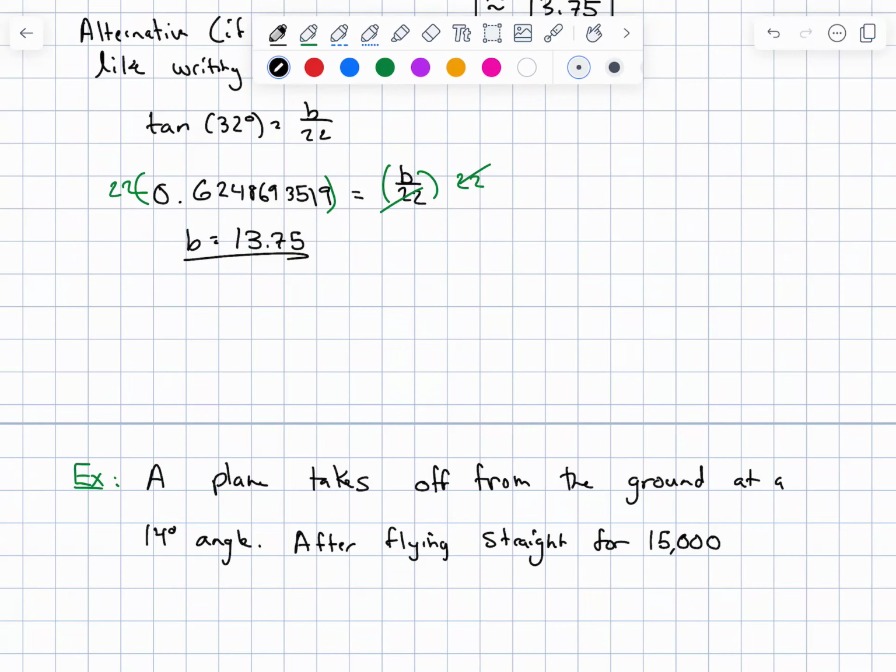Okay, the atmosphere extends to 12 kilometers, so 15,000 miles would be insane. Let's go ahead and do 15,000 feet. We're not going into space. After flying straight for 15,000 feet, what is the altitude of the plane?